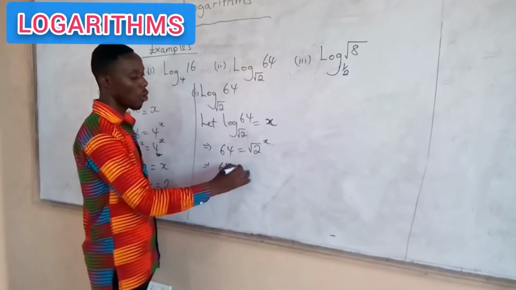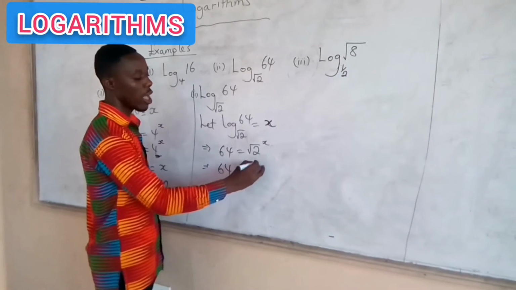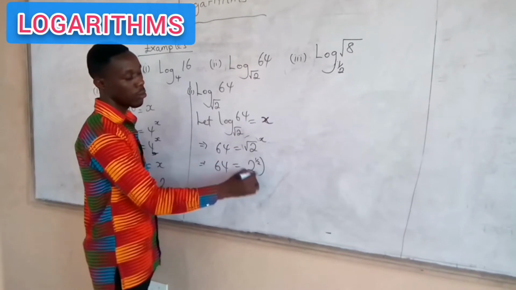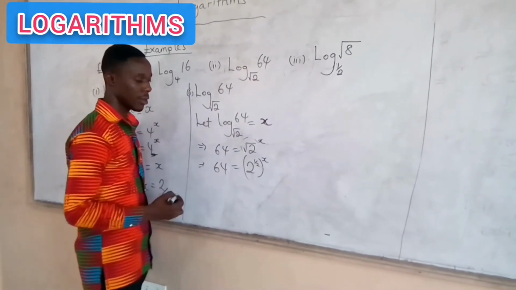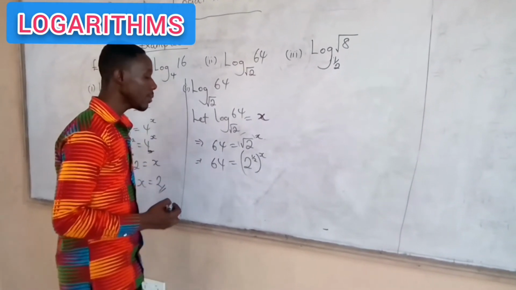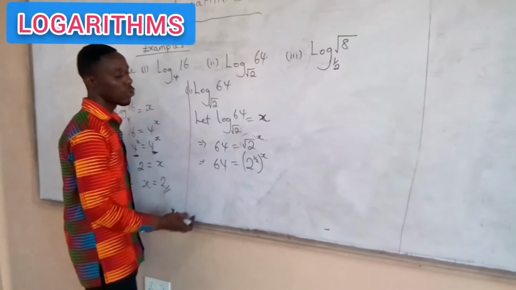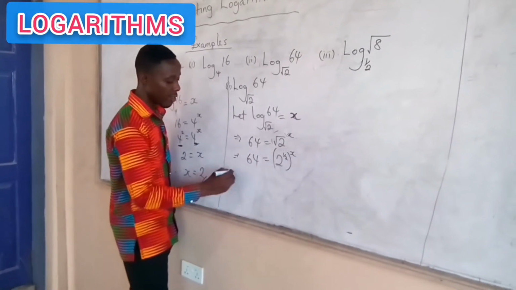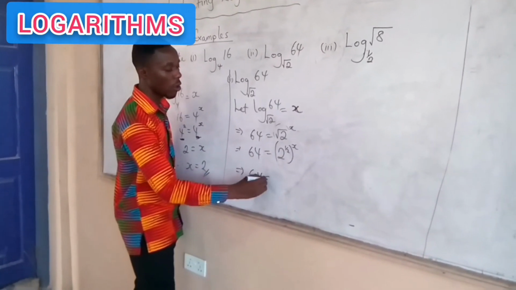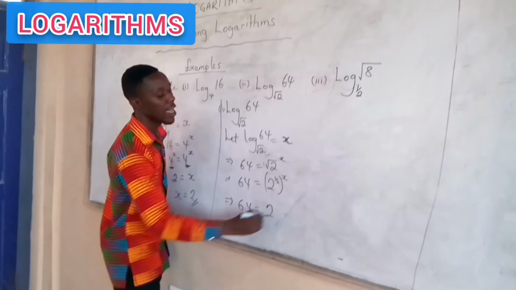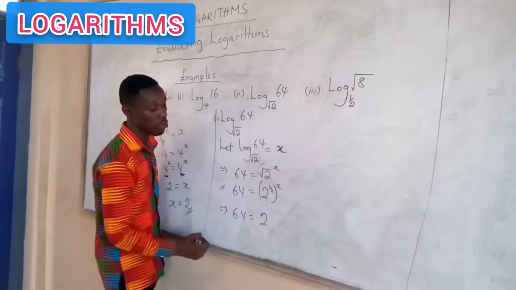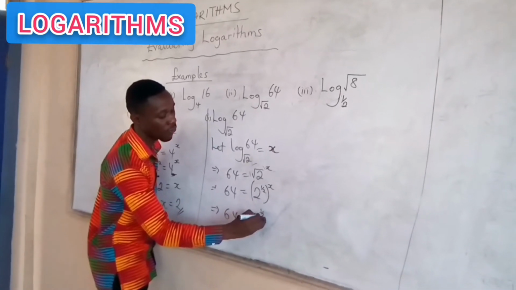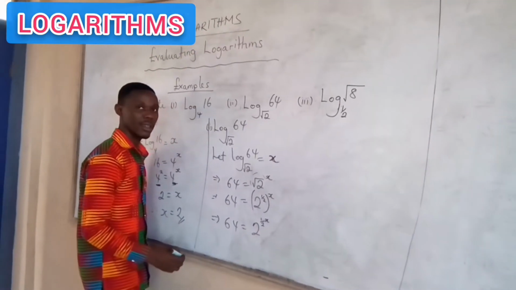So we will have 64 be equal to 2 exponent half, which is the same as root 2, but here x is there already. Let's simplify first. So we have 64 equal to 2 exponent half times x, which is half x.